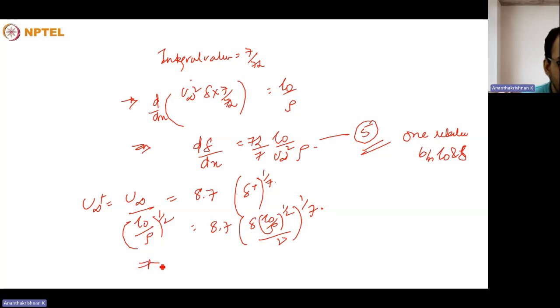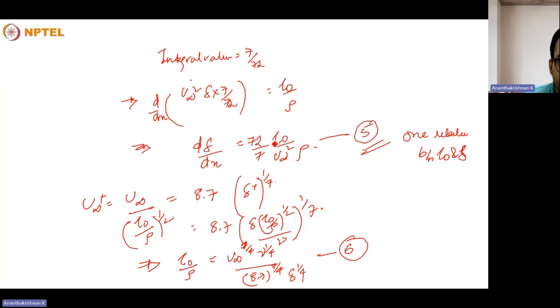From this we can assemble a few terms and combine and write shear stress divided by rho is equal to u infinity raised to 7 by 4 nu raised to 1 by 4 divided by 8.7 raised to 7 by 4 delta raised to 1 by 4. So this is another relationship between shear stress and delta.